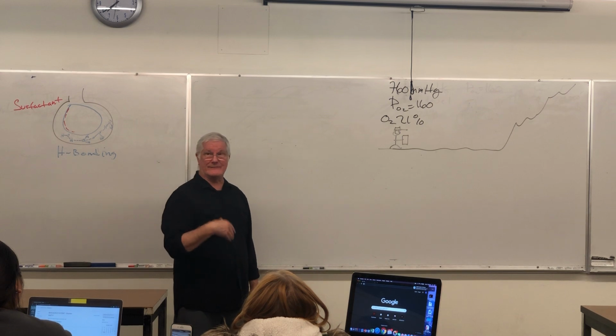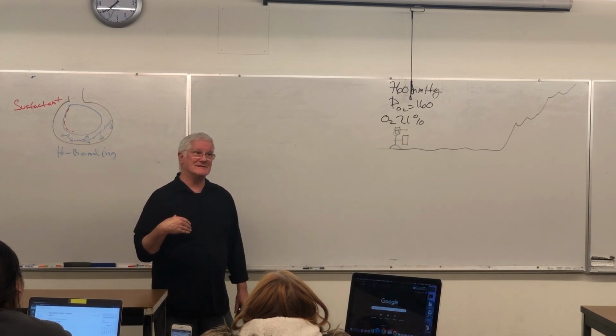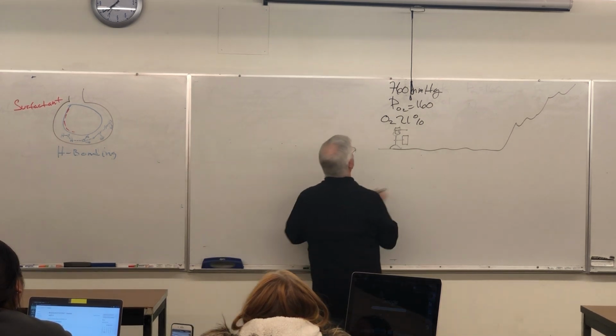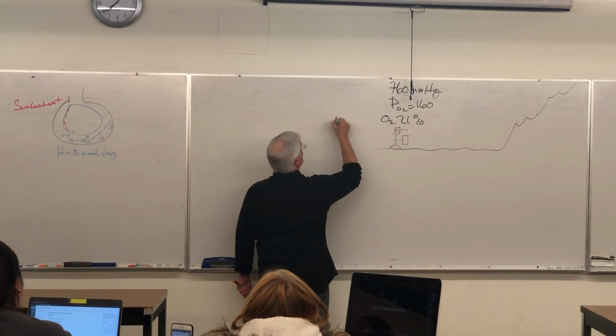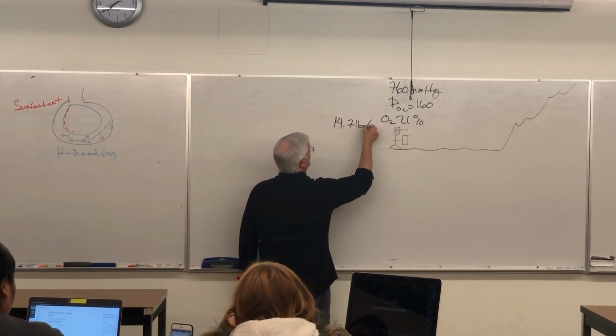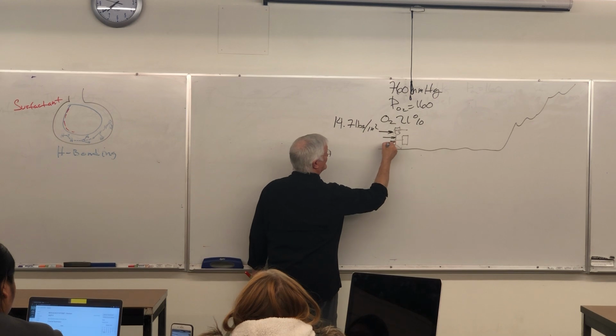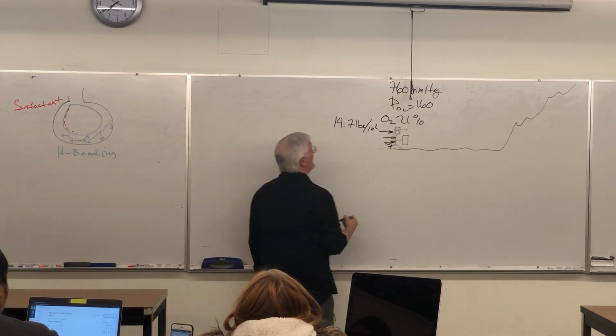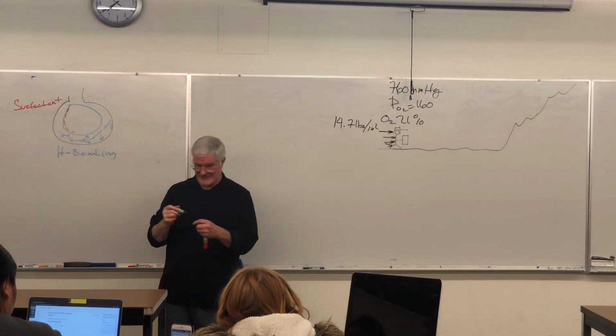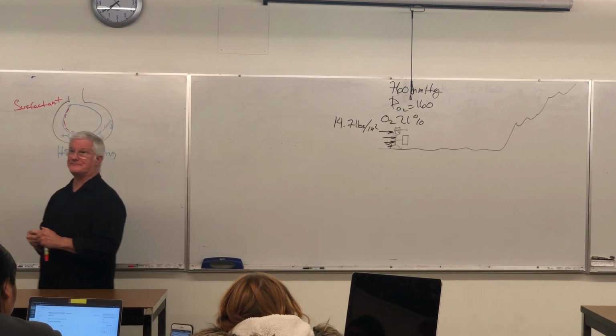Right now at sea level, there are 14.7 pounds per square inch pushing against you, on the back of my head, my torso, my legs. Everywhere on me, I am being squeezed by 14.7 pounds per square inch.